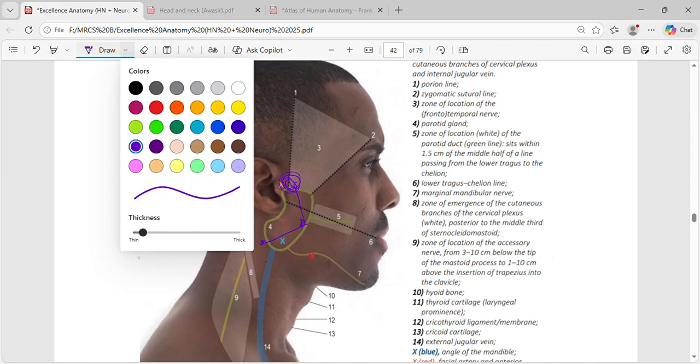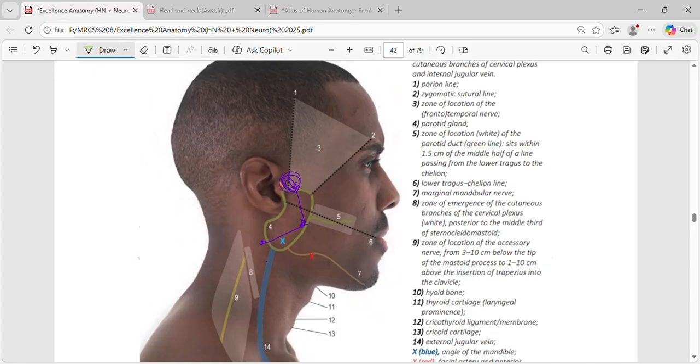Now another point is the center of the mastoid process. Join this with this line. And join this condylar point with the center of the mastoid process in a curved line which is concave above.